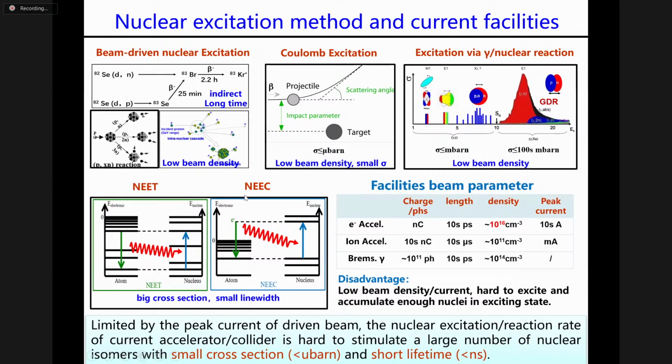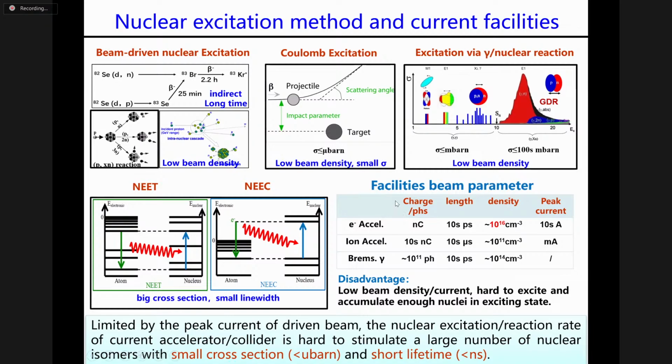For all these methods, the cross section is very low. For example, for the Coulomb excitation, usually the cross section is smaller than a microbarn. So we really need a high beam density to stimulate this kind of excitation.